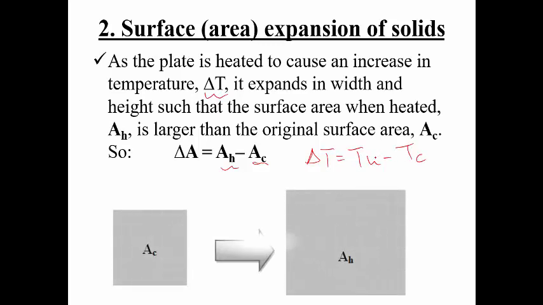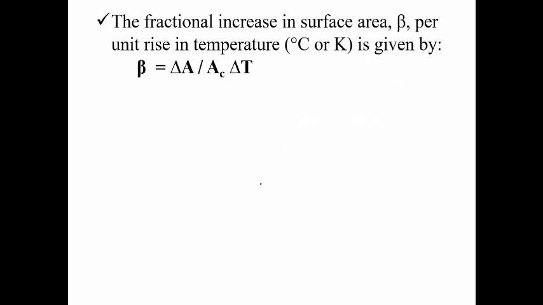Diagrammatically, this one is before it is heated, at temperature TC, and this one is after it is heated, at TH. For this we use the fractional increase, which is similar in all cases.